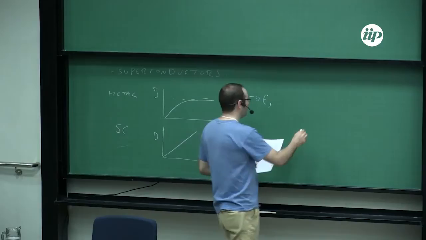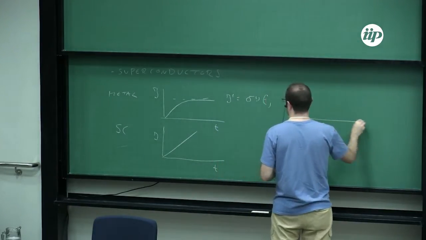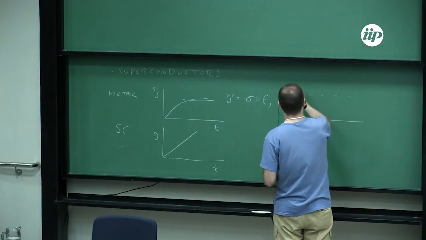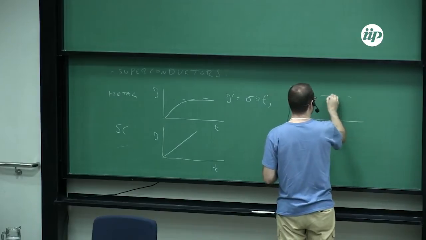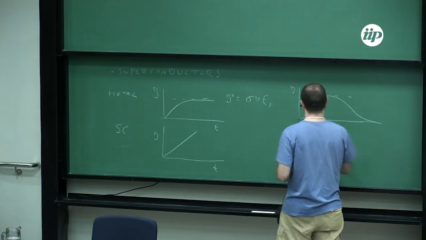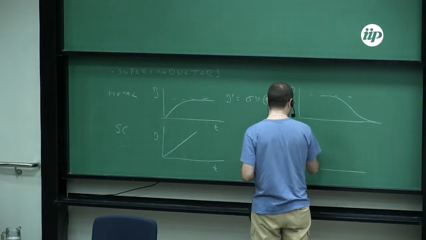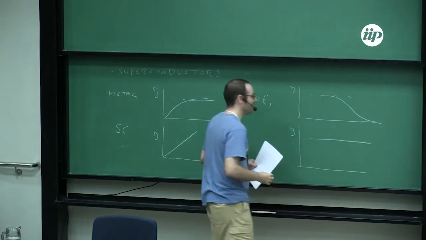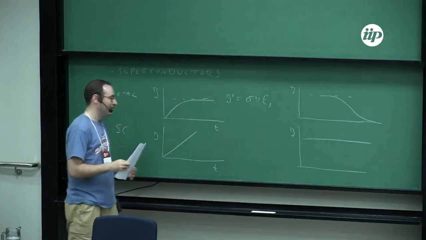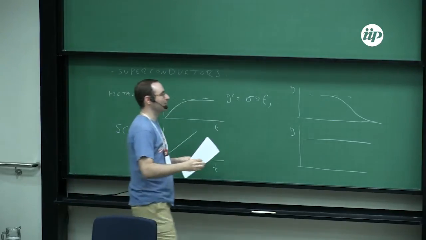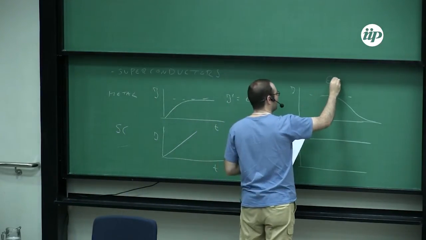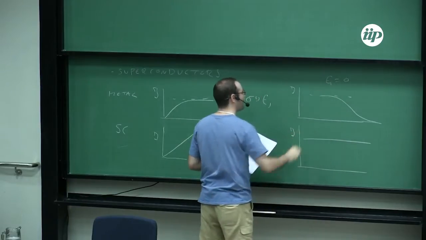And if we turn off the electric field, then in a normal metal, the current will just decrease. And in a superconductor, the current will remain constant. This is when we set the electric field equal to 0 after some time.